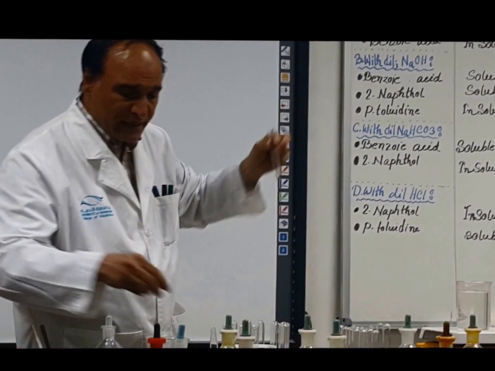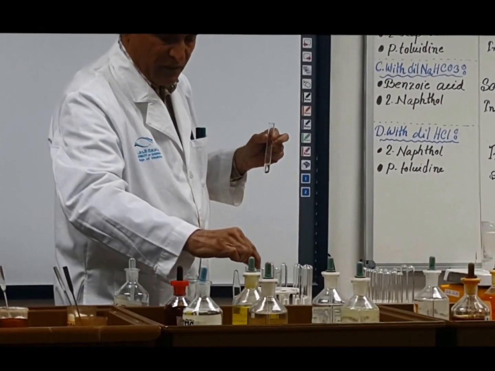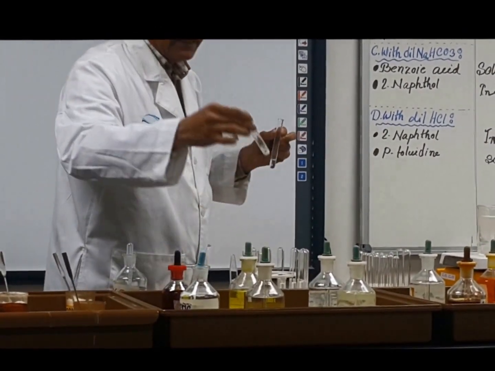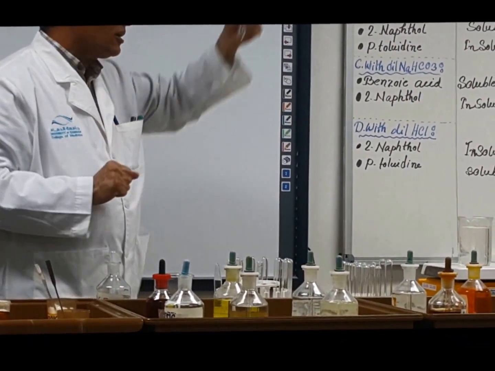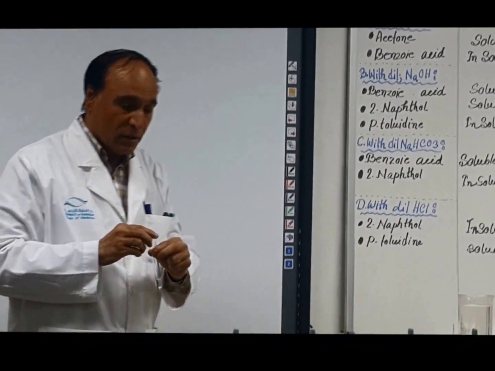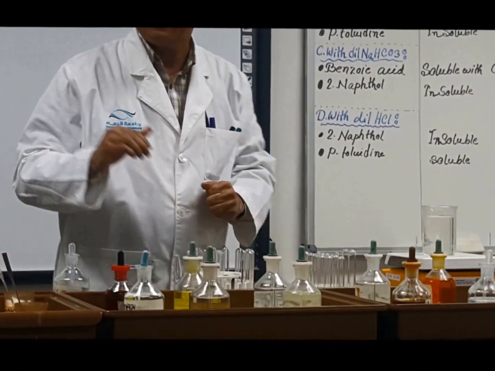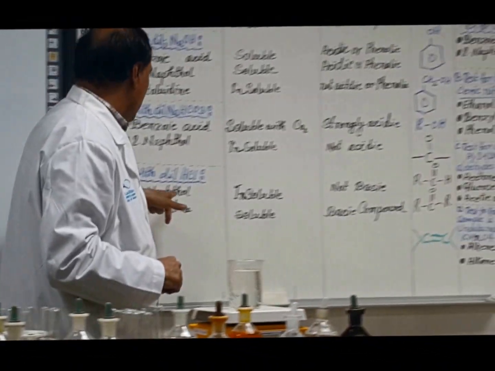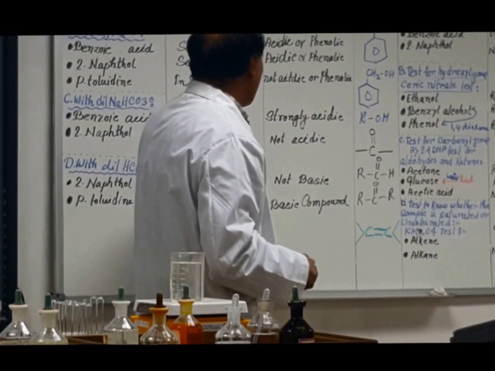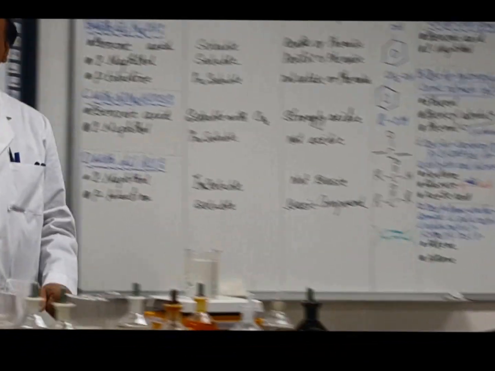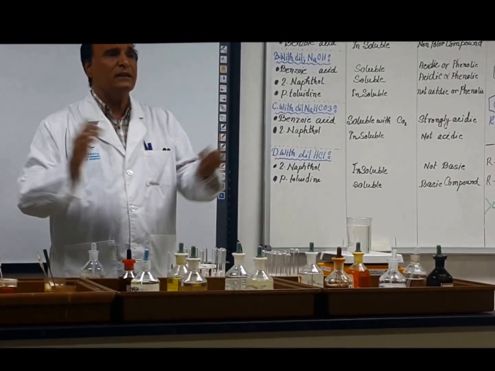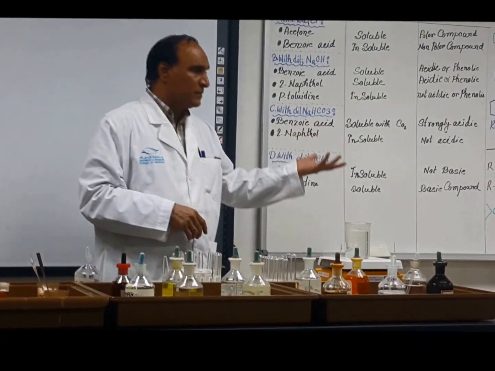So benzoic acid also gave, but it didn't give you a lot of bubbles, because ethanoic acid is a stronger one. So if you get carbon dioxide over here, soluble with carbon dioxide, you will name it as strongly acidic. And if you are not getting carbon dioxide, you can say weak acid or not acid.